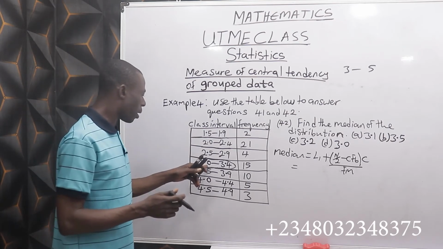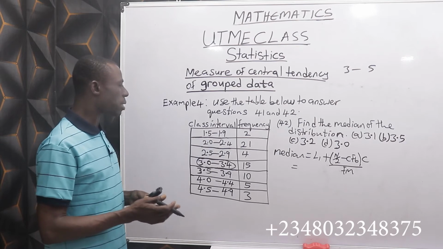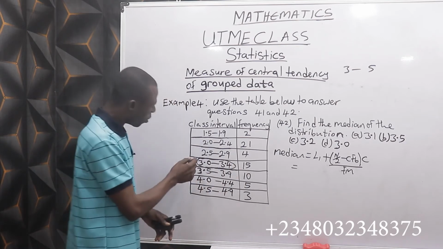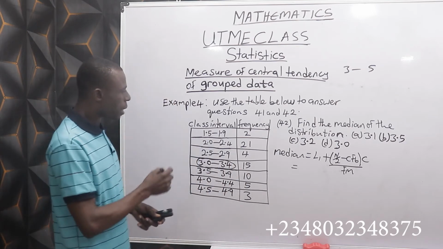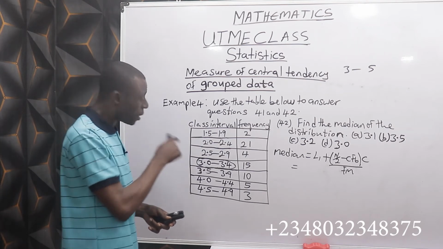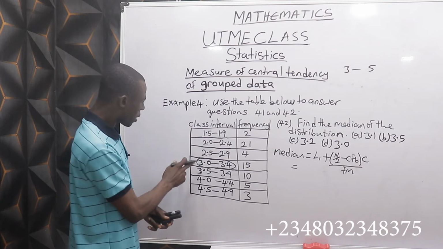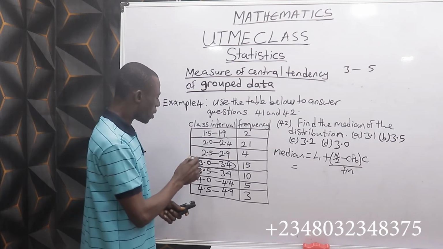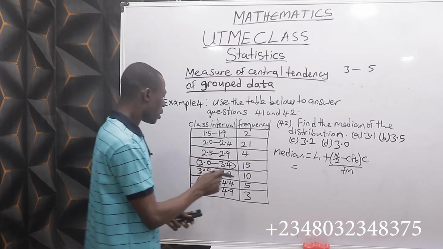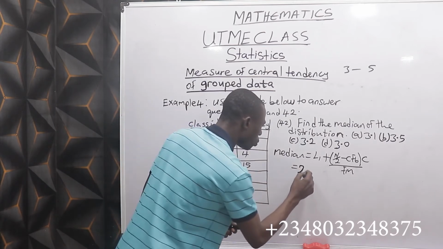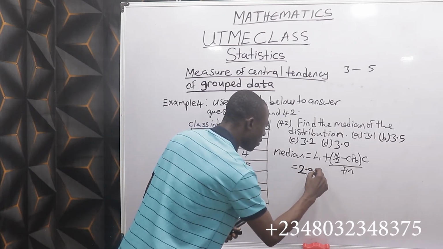If this is our median class, what is the lower class boundary of this class? In the previous question on this same table for mode, I explained to you that we subtract 0.05 from 3.0, that gives you 2.95.